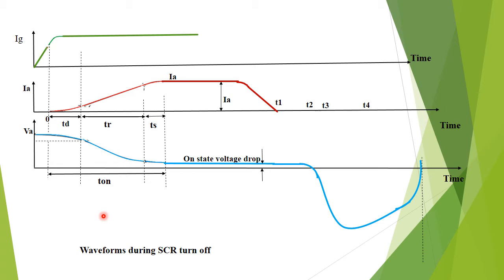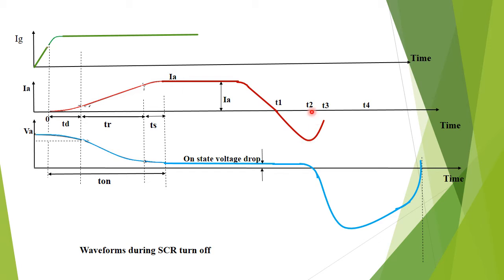Now after T1, the anode current will start increasing in the reverse direction. This is due to the presence of charge carriers across the junctions J1 and J3. At T2 almost 60% of the charge carriers will be removed.